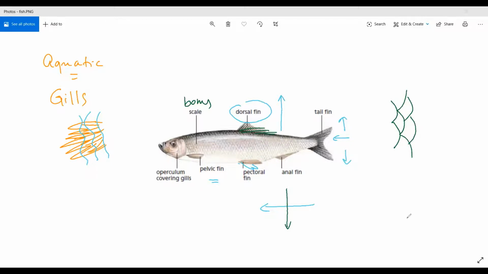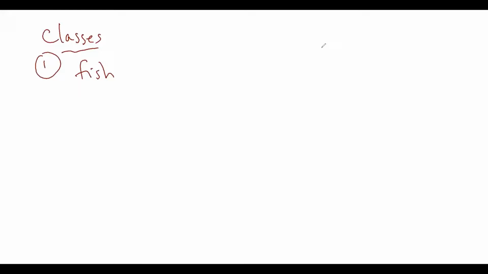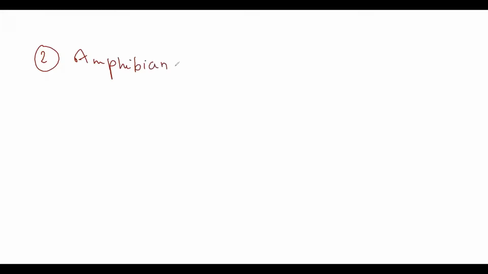So what about the next class, the amphibians? The second class is number 2, amphibians. What are amphibians? These are animals that live on land and in water at the same time.